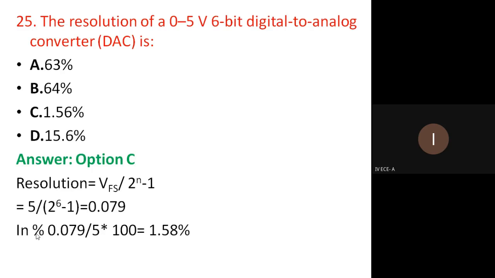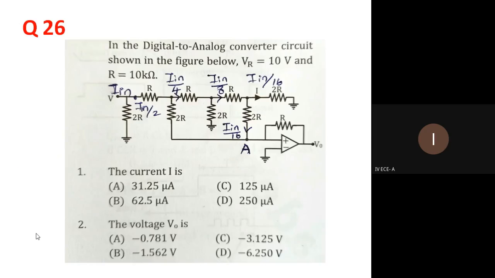So VFS is 5 divided by 2 to the power 6 minus 1, we get 0.079. So in percentage, 0.079 for 5 volts, multiplying by 100, we get 1.558. So approximately it is 1.56.